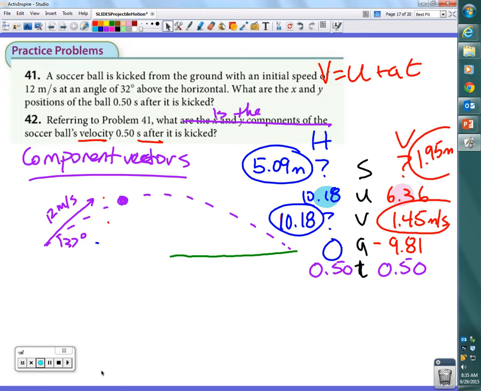We're still on the way up. It hasn't reached the top yet. But there we've calculated that it's going 10.18 this way and 1.45 that way. Yes? Because those are the final velocities 0.5 seconds after we kick it.